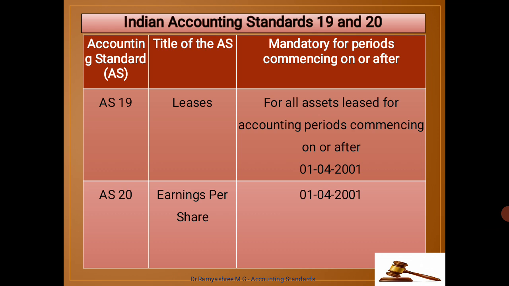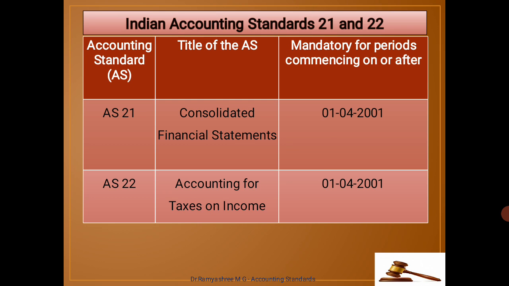Accounting Standard 20 deals with earning per share. This accounting standard comes into effect in respect of accounting periods commencing on or after April 1st, 2001 and is mandatory in nature.